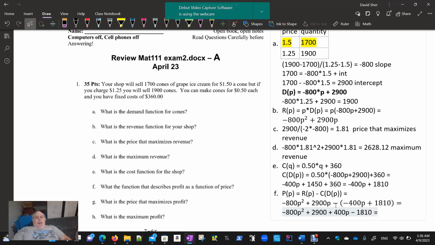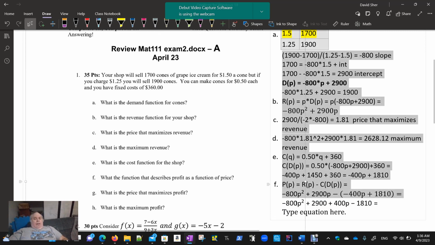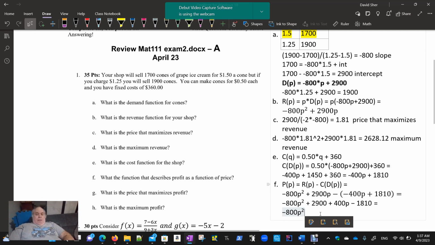And now we'll just combine like terms. And that's going to give me negative 800p squared plus 3300p.